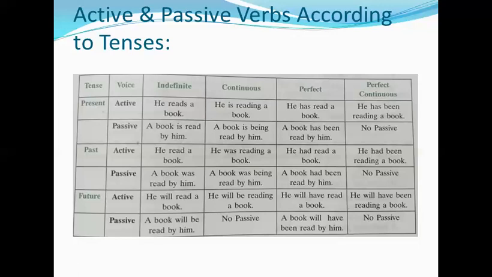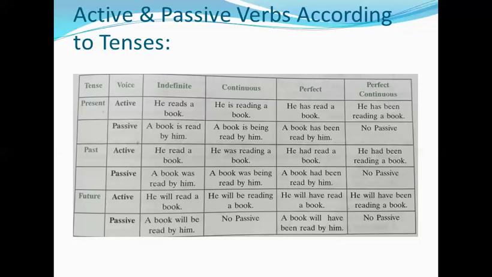Same as in the future tense, if the active sentence is, he will read a book, the passive will be, a book will be read by him. In future continuous tense, if a sentence is, he will be reading a book, no passive will be made.